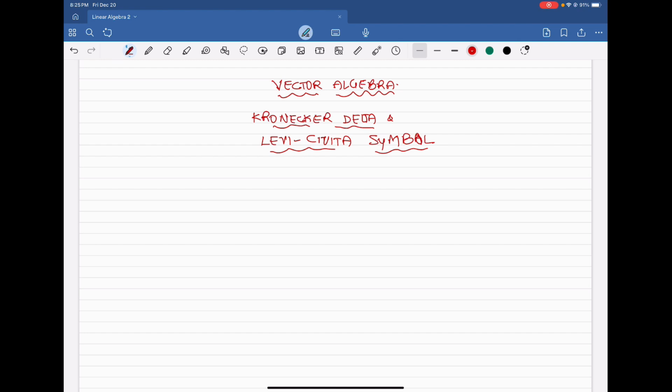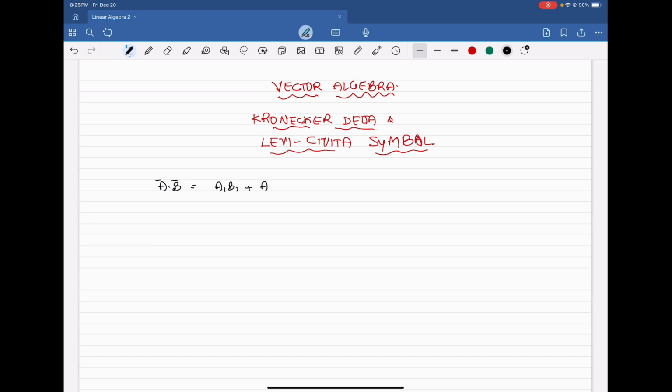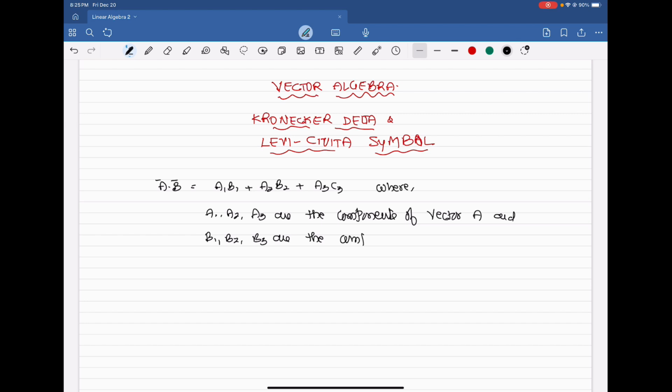And if you recollect from there, we will write A dot B is equal to A1 B1 plus A2 B2 plus A3 B3, where A1, A2, A3 are the components of vector A and B1, B2, B3 are the components of vector B.